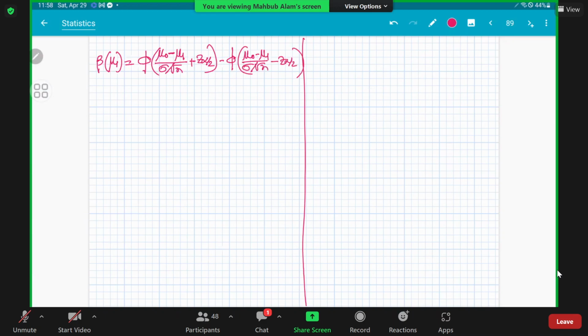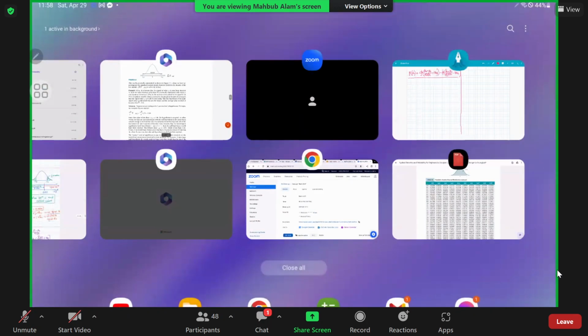So this is one of the critical formulas. Don't be worried. It will be given in the question, just to show you.